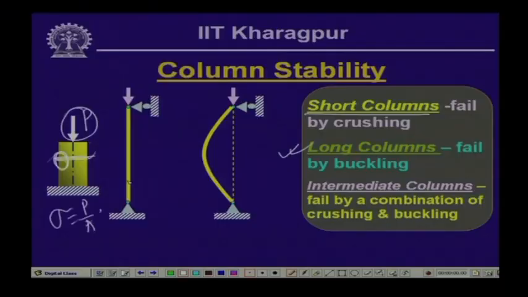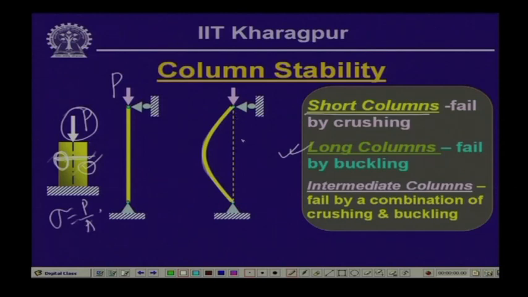In case of the shorter member, the stress is obtained by the crushing of the member, or the stress level at any point goes beyond the permissible value of the material stress. In case of long columns, or a member which is slender, when we apply the load P and increase it gradually, it takes this bent shape, and this is what we call buckling.